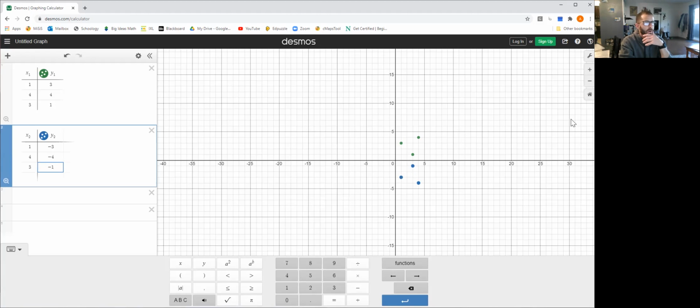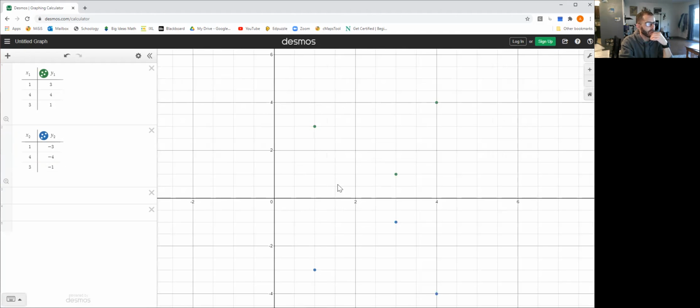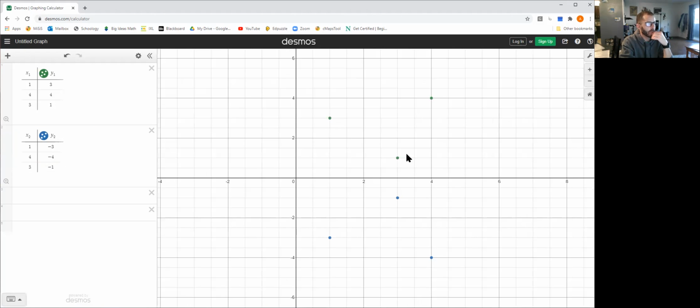Now let's zoom in and then out a little bit. Here's my original triangle by these three green points. Does this blue triangle, J prime, K prime, L prime, technically look like the reflection, the image of JKL after it is reflected over the x-axis?